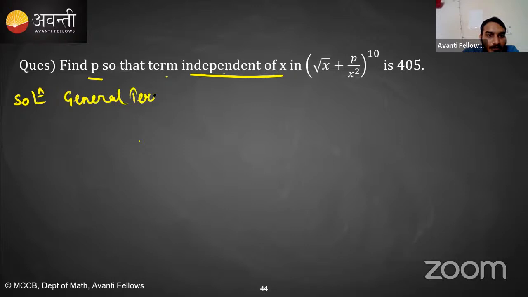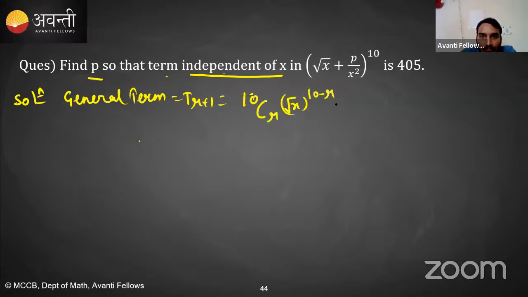The general term is T(r+1). T(r+1) will be equal to 10Cr (root x) raised to the power 10 minus r, times (p divided by x square) raised to the power r. Clear? That is the general term.